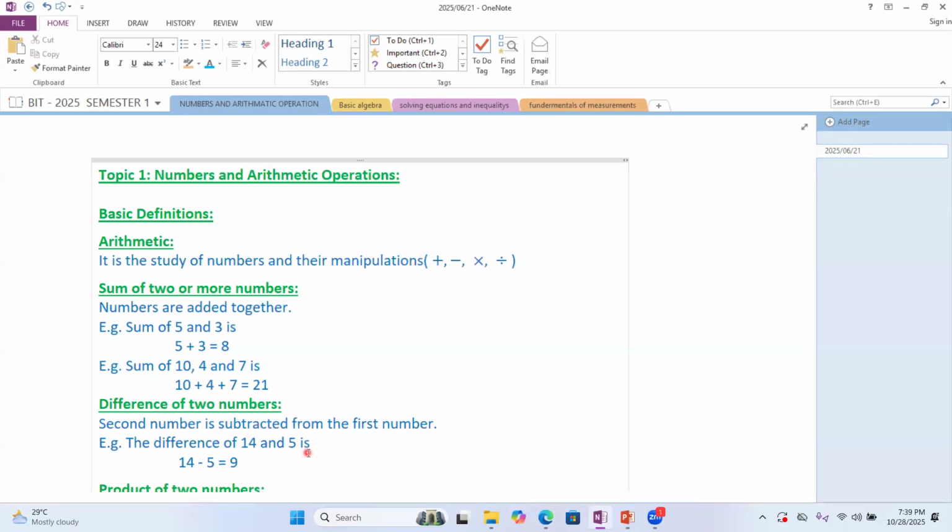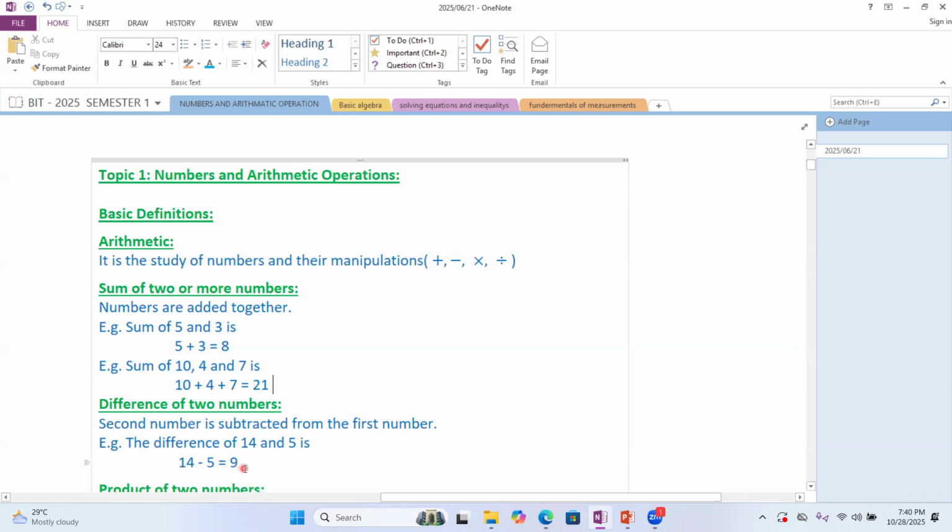The first number is 14. Therefore, we can write 14 minus 5. The second number is subtracted from the first. Therefore, 14 minus 5, that is equal to 9.